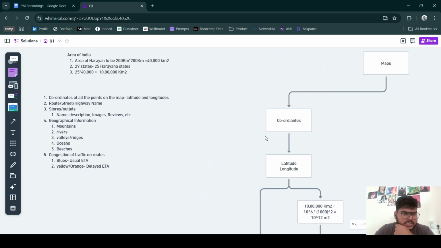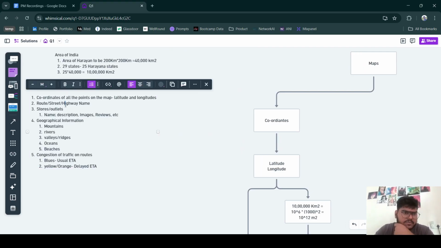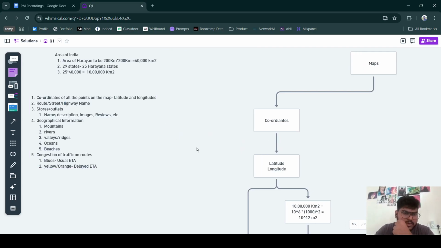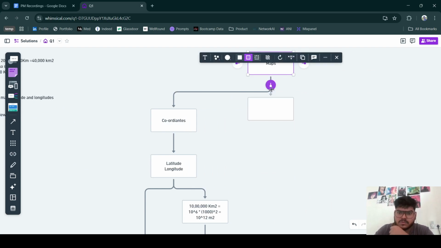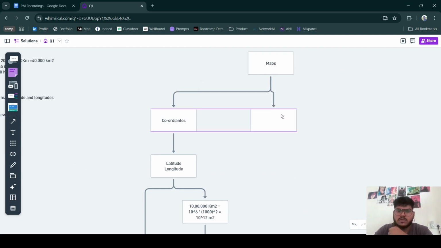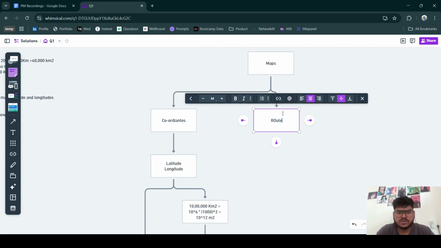Also, let's say we have the second point, which has route, street, and highway name data. We're considering routes and highways. These are the permanent pathways to travel.